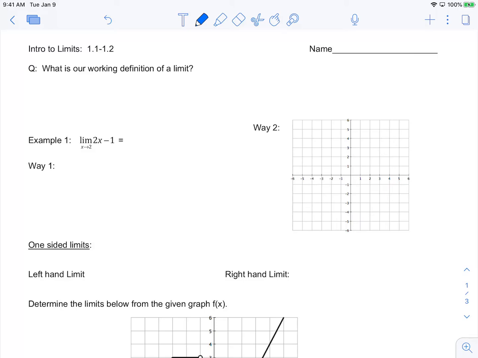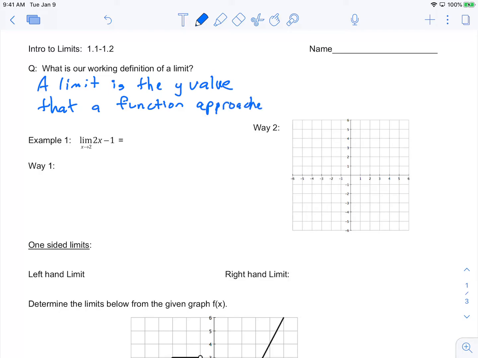So a limit is going to be the y value that a function approaches at a given x value.